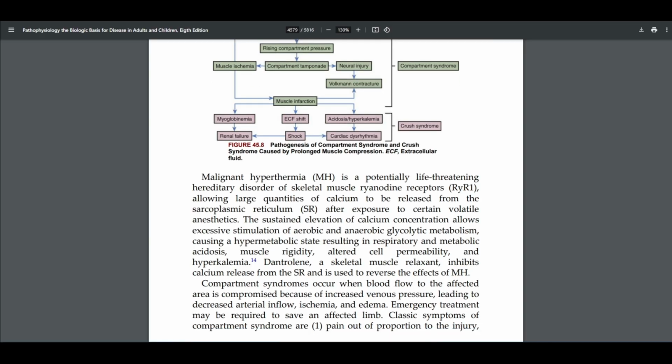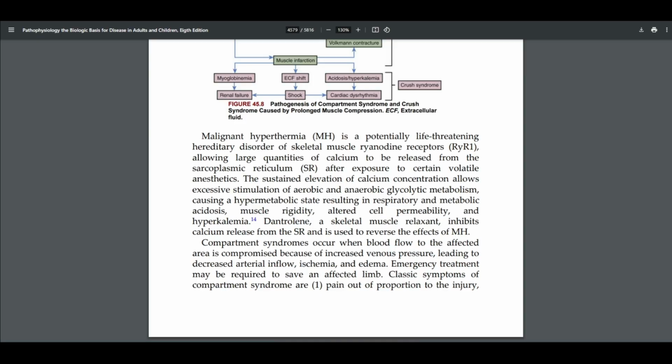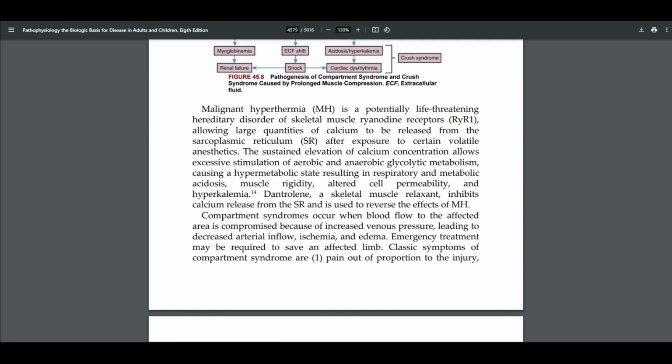Malignant hyperthermia, or MH, is a potentially life-threatening hereditary disorder of skeletal muscle ryanodine receptors, or RYR1, allowing large quantities of calcium to be released from the sarcoplasmic reticulum, SR, after exposure to certain volatile anesthetics.